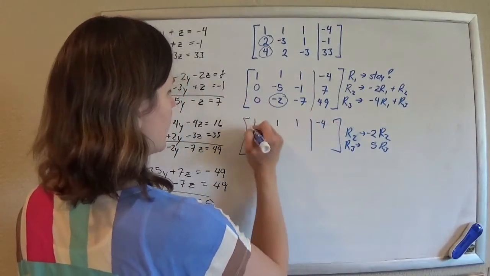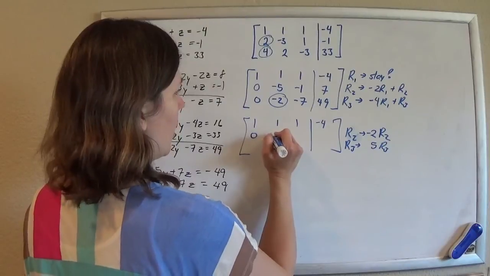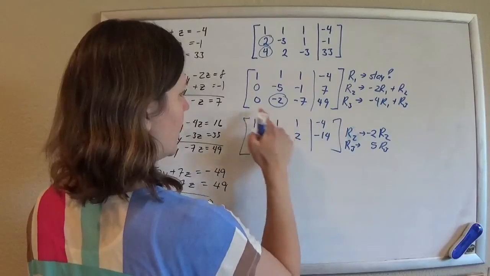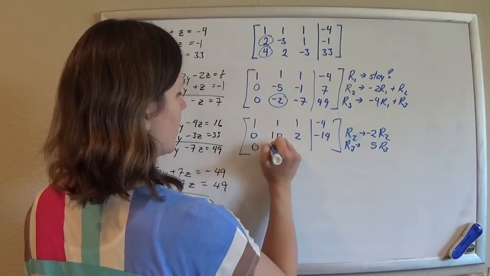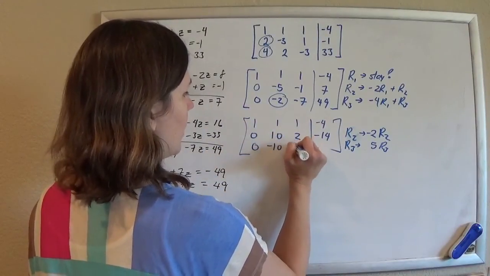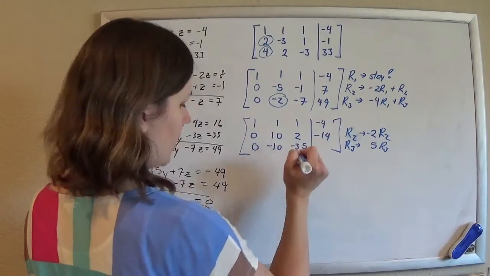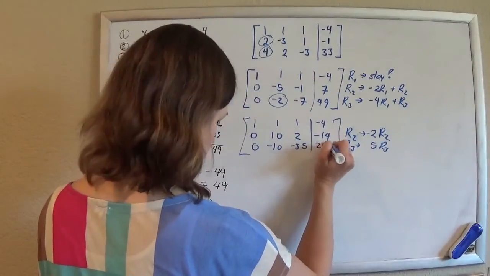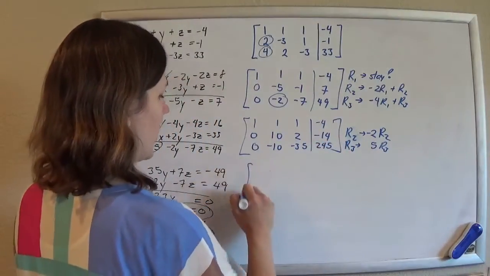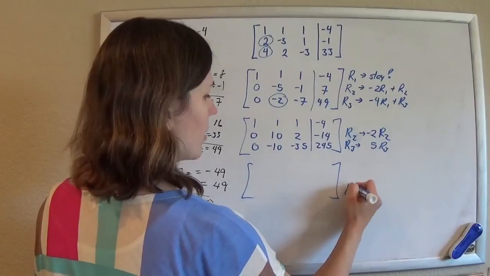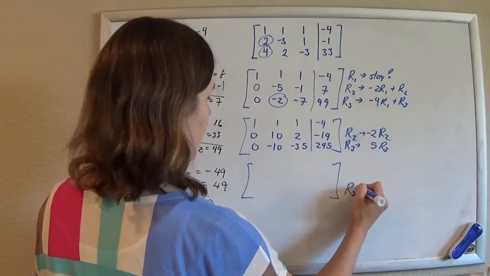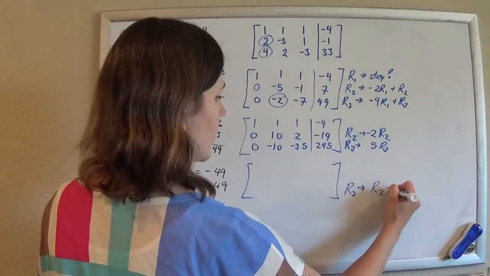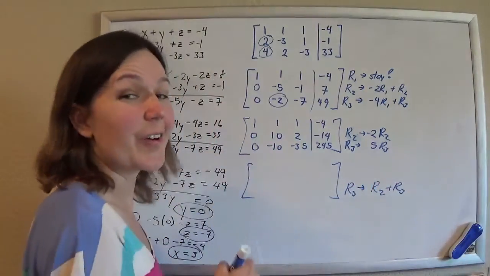And I'm going to do -2 times this one, so this is 0, 10, -14, and 5 times this one, so 0, -10, -35, and 5 times 49, 245. Alright, so now my R3 can become row 2 plus row 3, and they'll go away.